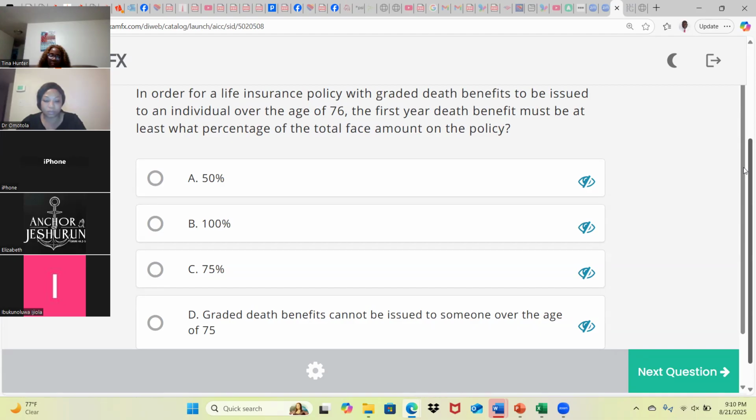A, 50%, B, 100%, C, 75%, D, graded death benefit cannot be issued to someone over the age of 75. Okay.